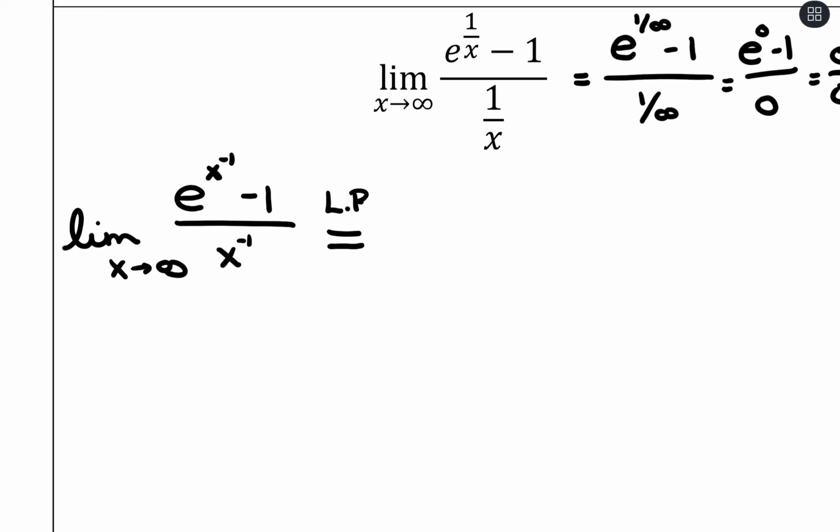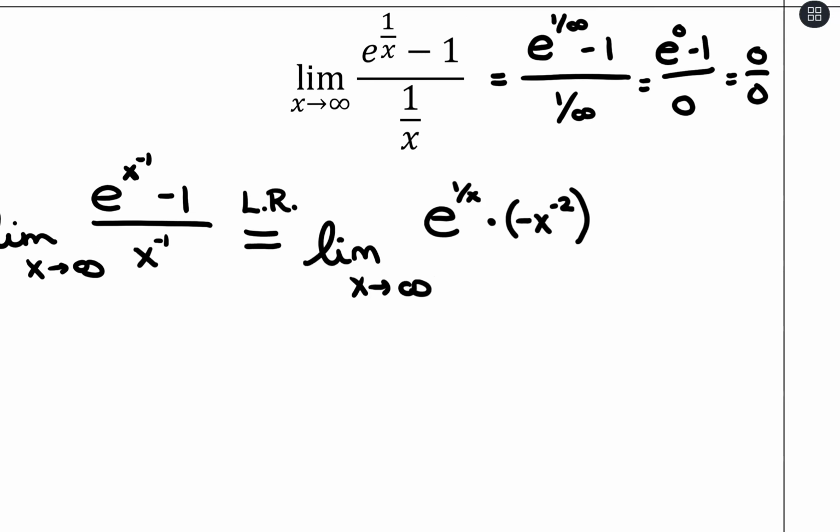So applying L'Hopital's rule, we're still taking the limit as x approaches infinity. Now I'm going to take the derivative of the numerator. So e stays the same, but then it needs to multiply by the derivative of x to the negative 1. So that will be a negative x to the negative 2.